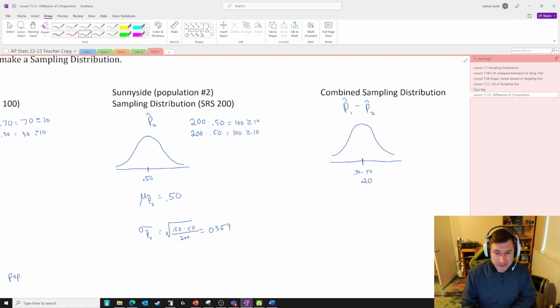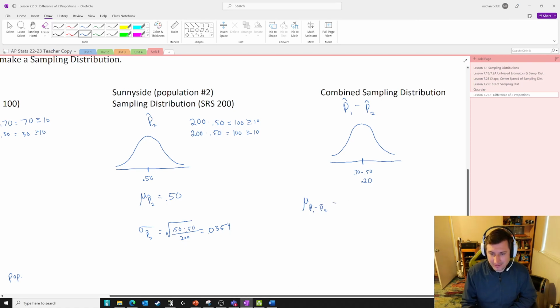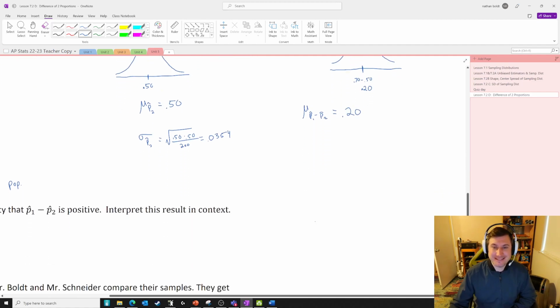Now, the variables get kind of weird here. So this is the average of all the p1 hats minus the p2 hats. That's all subscript. Sorry. It is 0.20. The hard part here is the standard deviation. What is the standard deviation of p1 hat minus p2 hat?